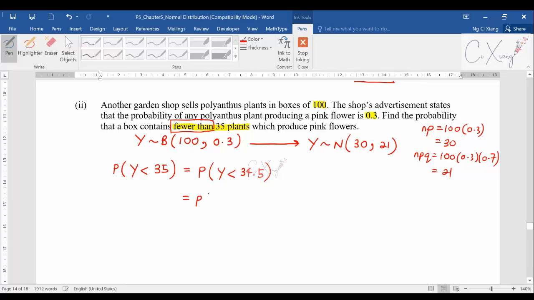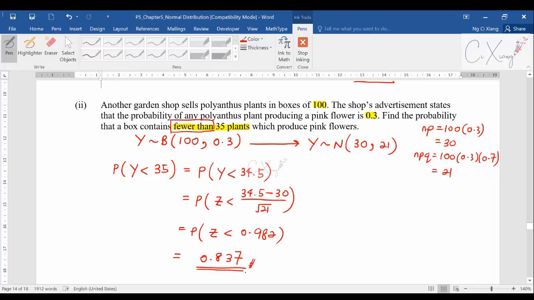Then to answer the question, we have to standardize, so X changes to Z. So 34.5 minus the mean divided by the standard deviation. I think the rest of the steps you should know how to do already. So Z smaller than 0.982, if I'm not mistaken, and you can get the answer straight away from the table, which is 0.837 if I correct it to 3 significant figures.